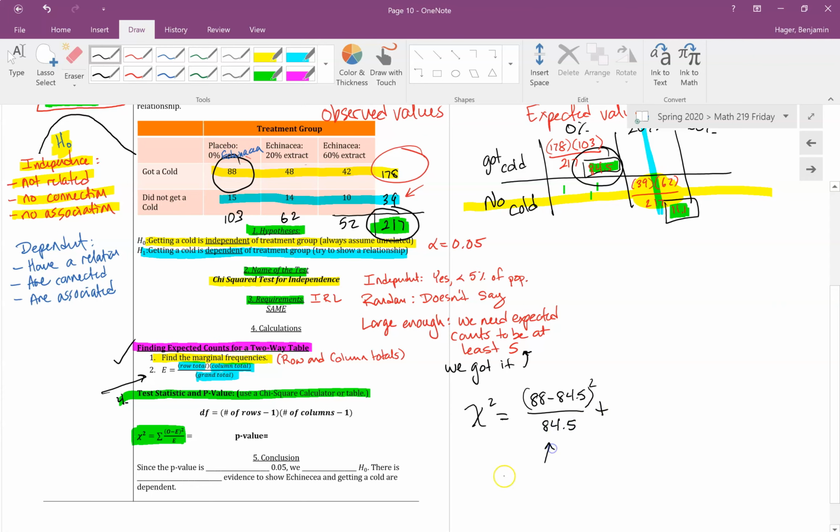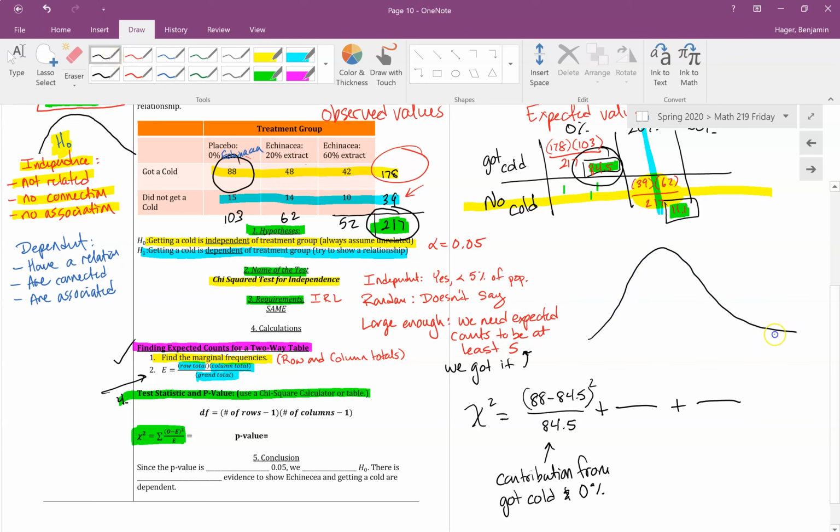That is the contribution to chi-squared from the got a cold and 0% echinacea box. Now I'm going to have to do it for all the other boxes as well. And all those added together will give you your chi-squared test statistic.